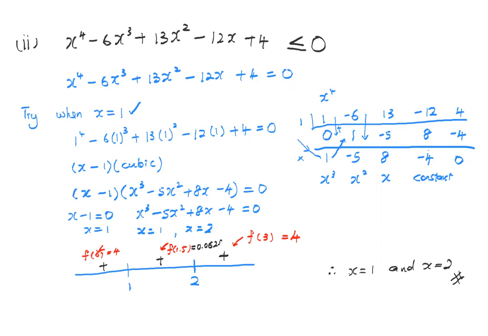So please, when you talk about sign diagram, you have to be very careful. Okay, got it? So that means the whole of this graph will be above the x-axis. It will touch the x-axis at x equal to 1 and x equal to 2. I believe if I draw the graph it will look something like that, if I'm not mistaken.